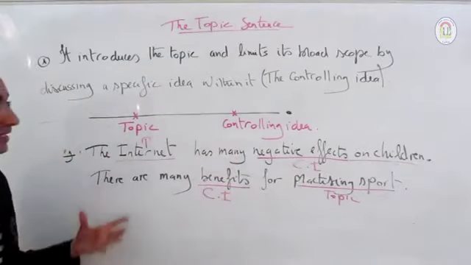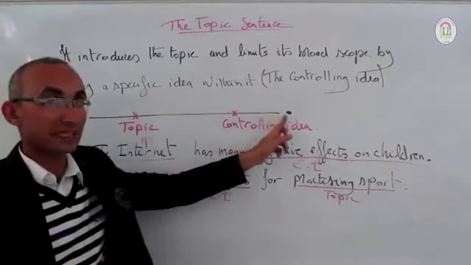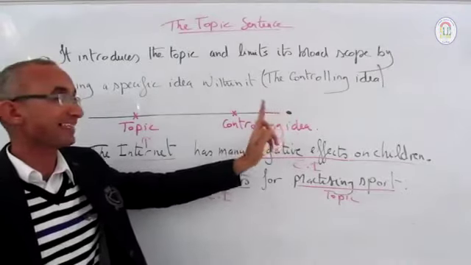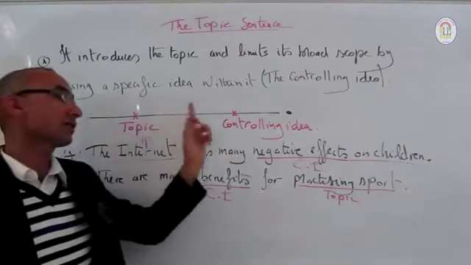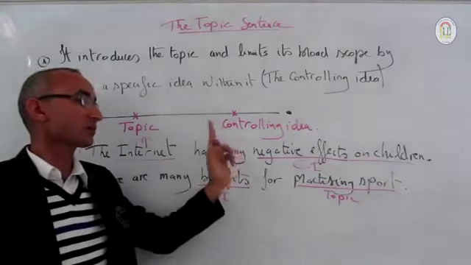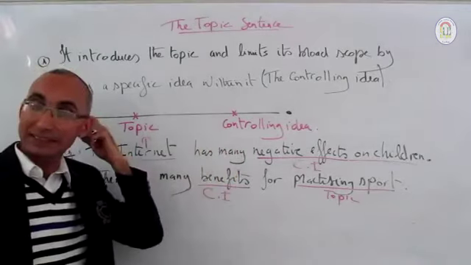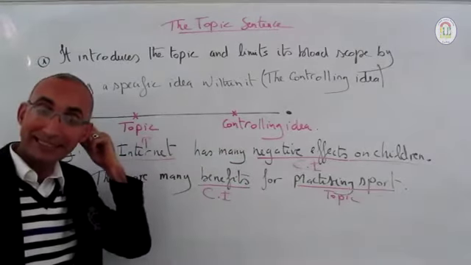What matters is that your topic sentence, before you end it, must include the keyword of the topic and the keywords of the controlling idea or a specific idea to make it academically correct and acceptable.